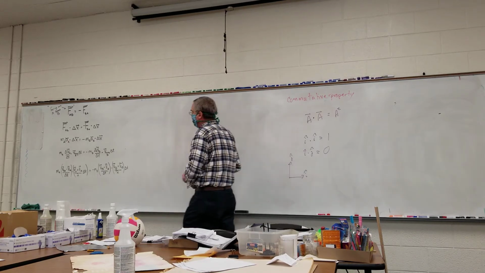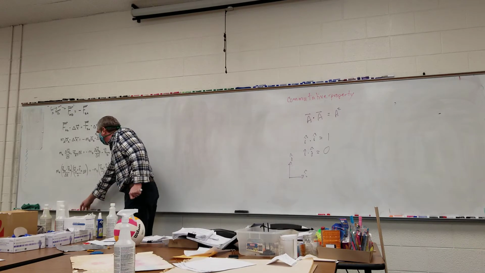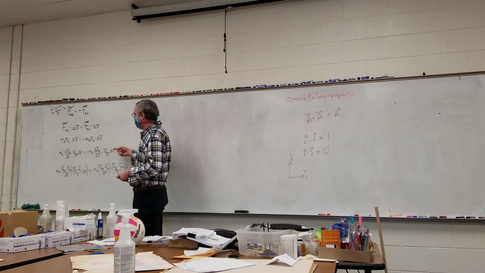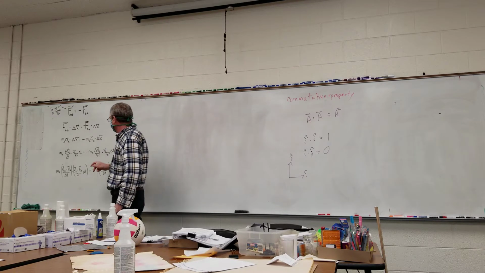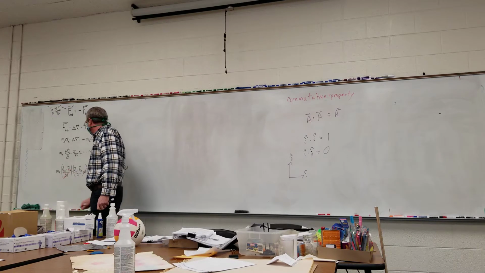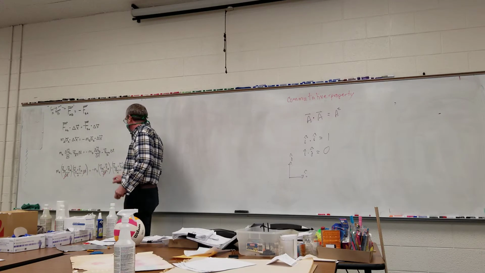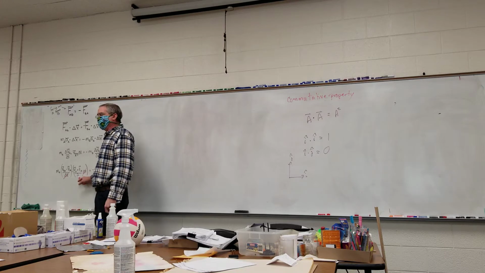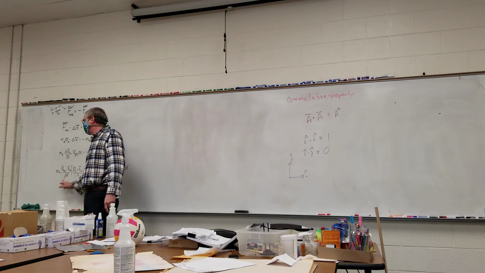All right, so over here, I threw in one intermediate step from what we did yesterday. But over here, the times cancel out. That dividing by 2 is the same as multiplying by a half. It's just a constant. Since it's not a vector, I can just factor that out.